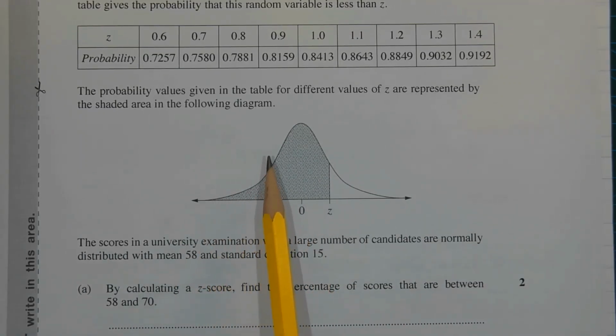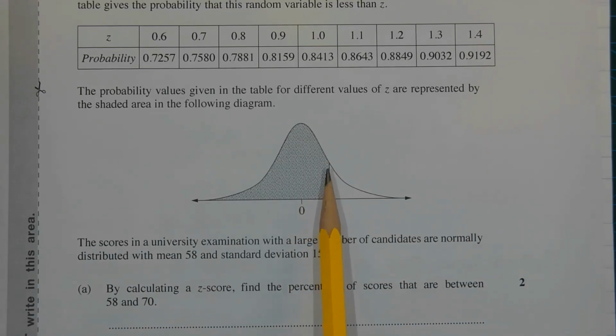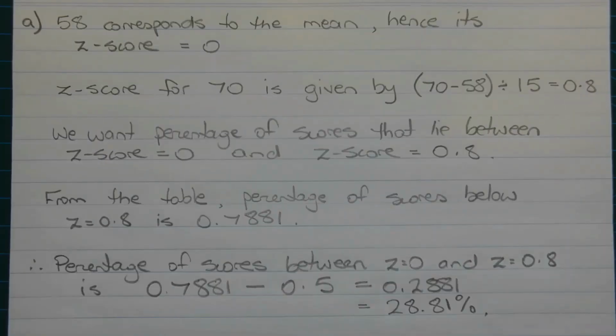So 0.7881, so that's this whole shaded area, if we take away 0.5, we get the percentage of scores that we want. So the percentage of scores between z equals 0 and z equals 0.8 is given by 0.7881 minus 0.5, and that equals 0.2881, or 28.81%.